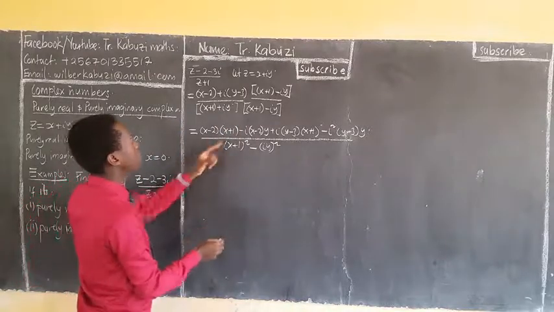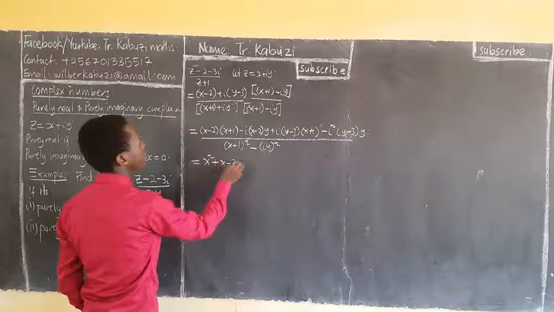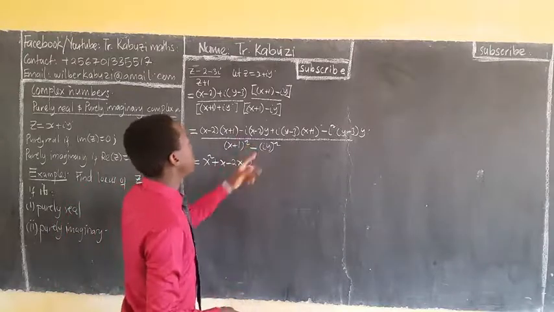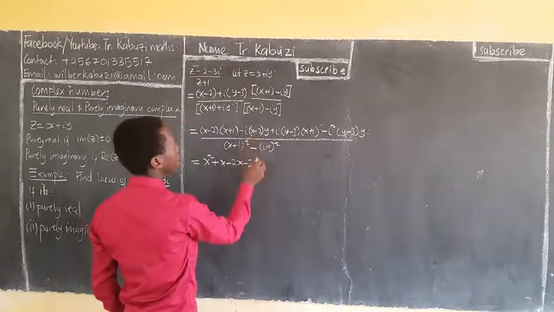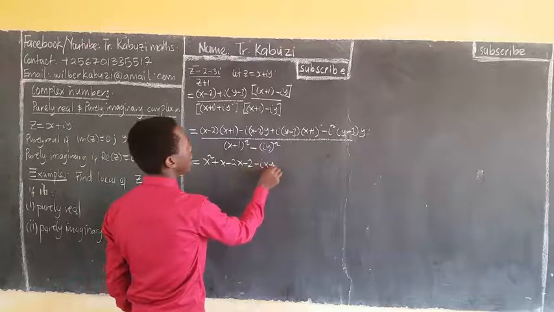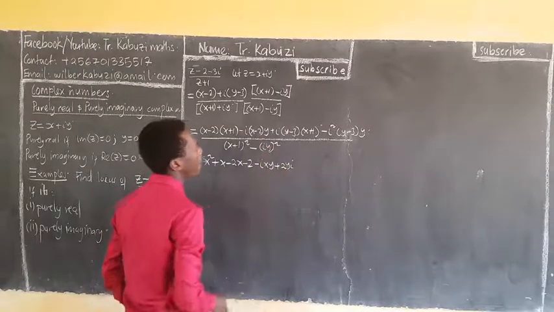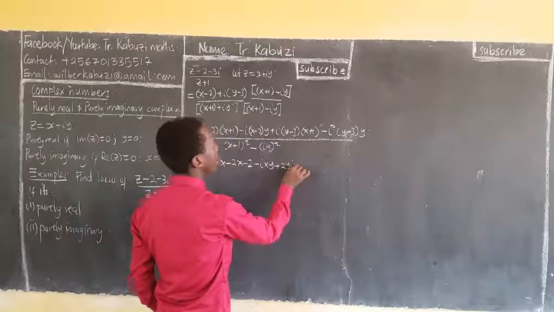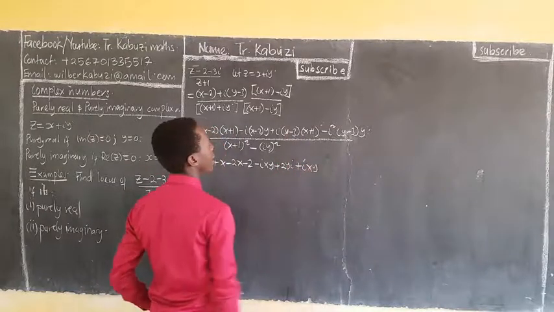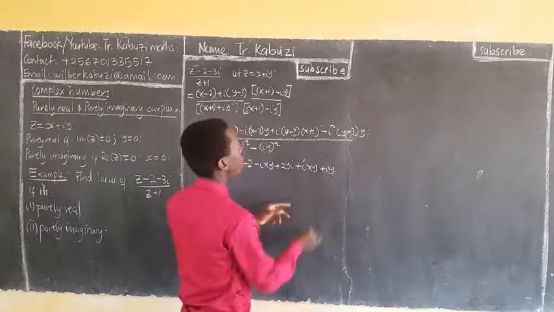I have this and this: x squared plus x minus 2x minus 2. Then this will give me minus ixy, then plus 2yi. Then this and this will give me plus ixy. Then this and this will give me plus iy.